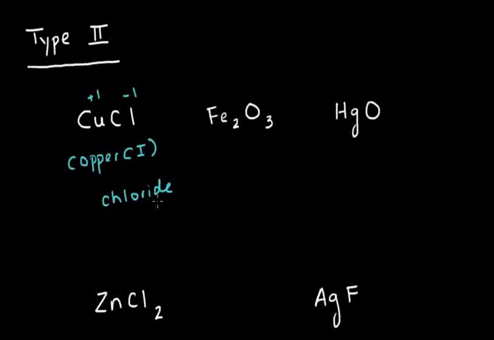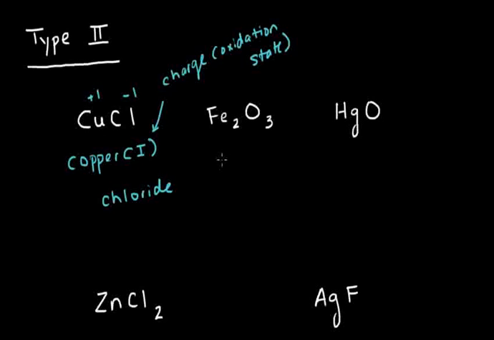So the anion stays the same. We always change the INE to IDE to get chloride. But this Roman numeral in parentheses, right now we can think of it as referring to the charge. If you've gotten farther in your study of chemistry, you can also refer to this as the oxidation state. So this is just the charge that copper ion is taking.